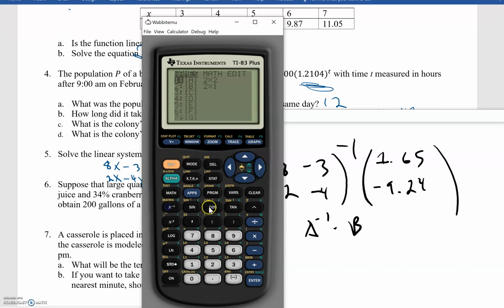And now we'll call up the matrices. Don't forget to invert A. And there you go, there's your solution. X is 1.32 and Y is 2.97.